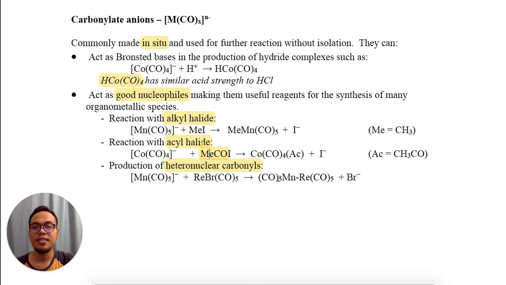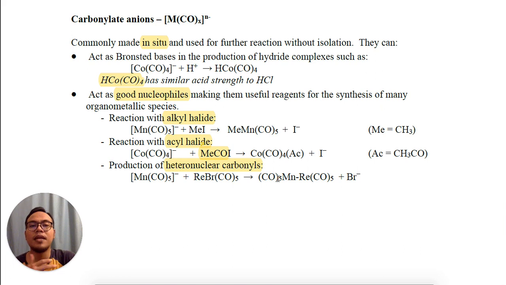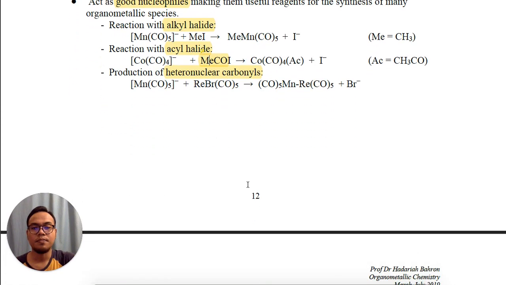So from this session, I would like to emphasize that your carbonylate anion complex can actually form acid when it acts as a Bronsted base. It is also a good nucleophile, reacting with alkyl halide, with acyl halide, and also with some other metal complex to form heteronuclear carbonyls.